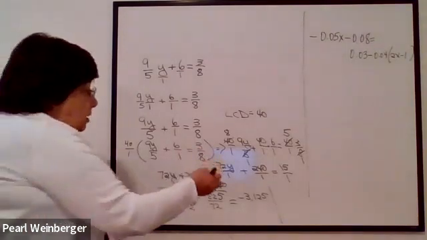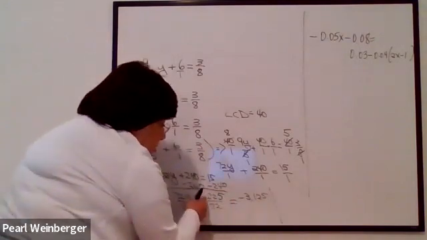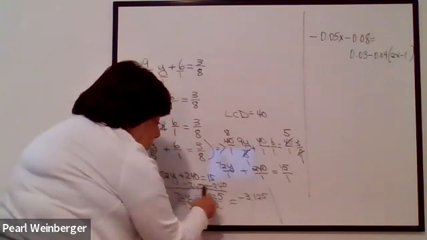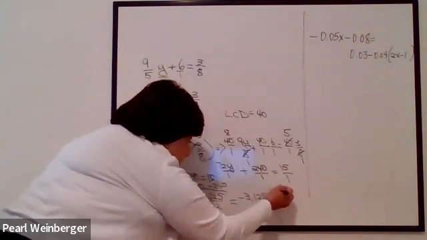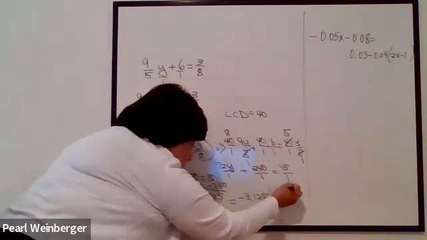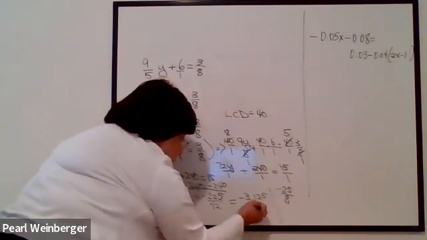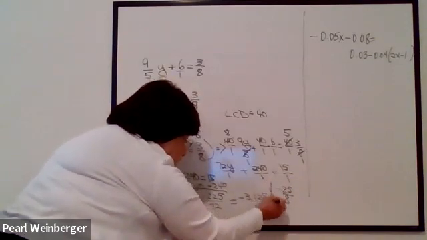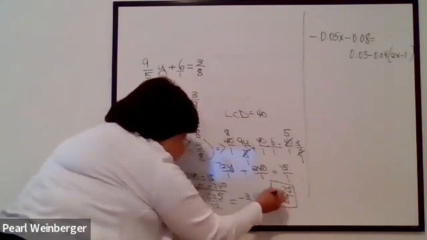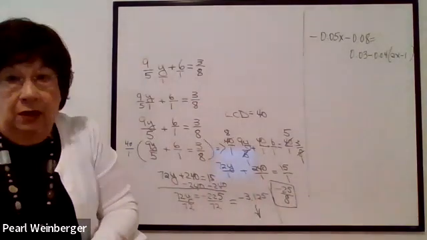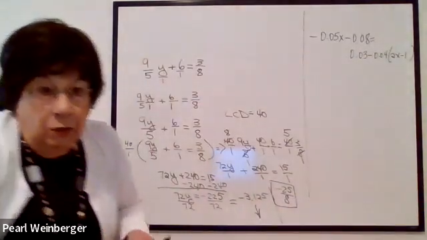So the other alternative is to divide the top and the bottom by 9, and you'll get negative 25 over 8. So here's the answer in decimal form. Here's the answer in fraction form. Either in this case would have been completely correct.